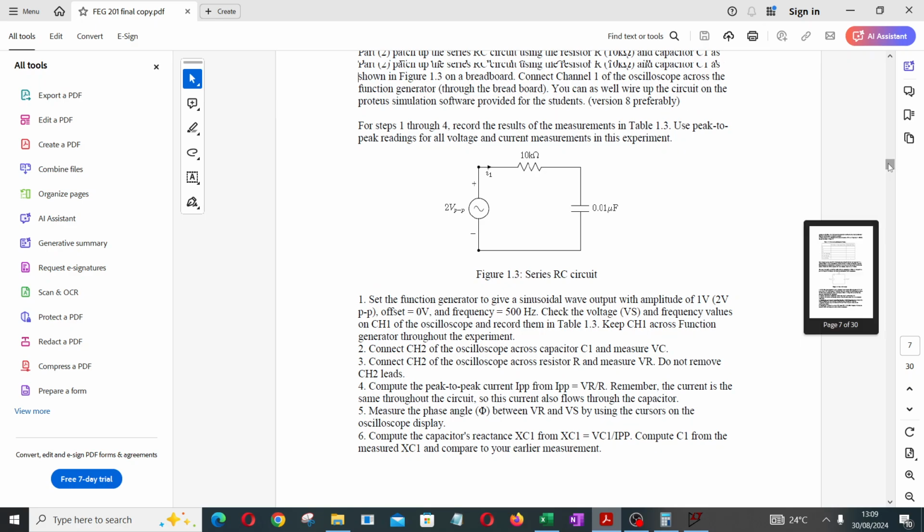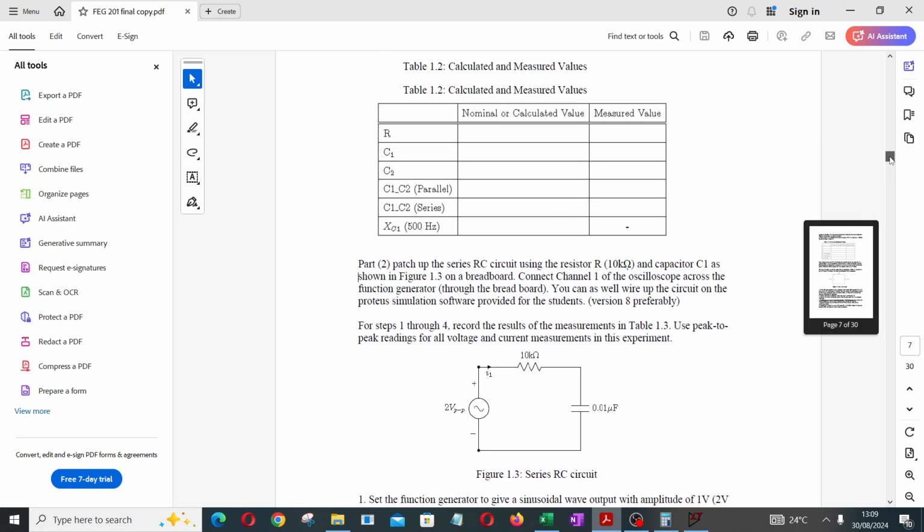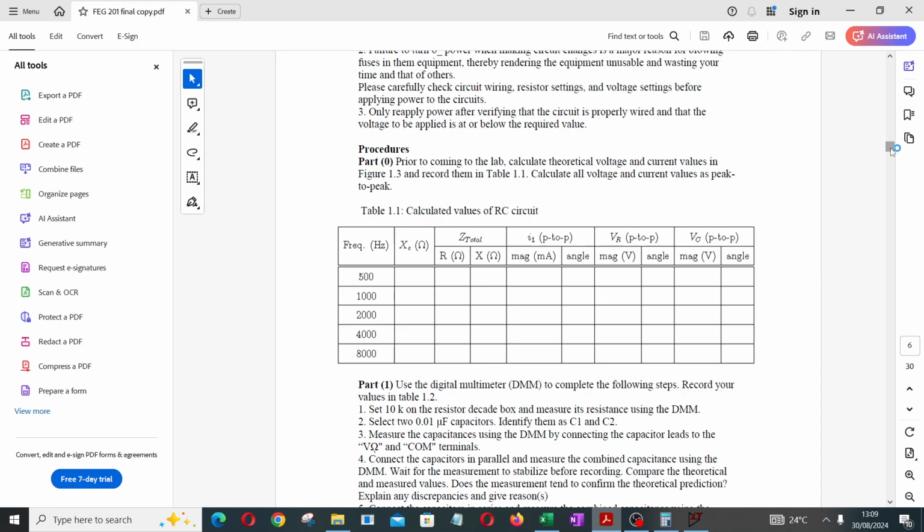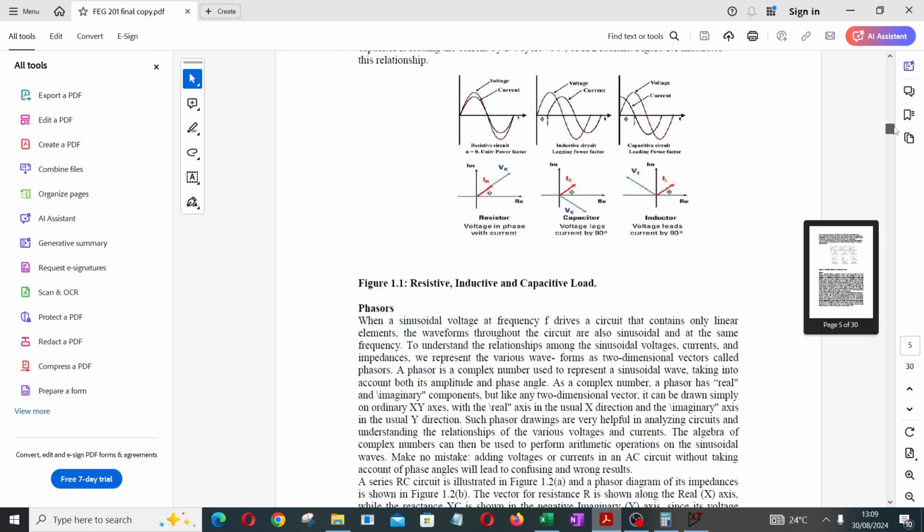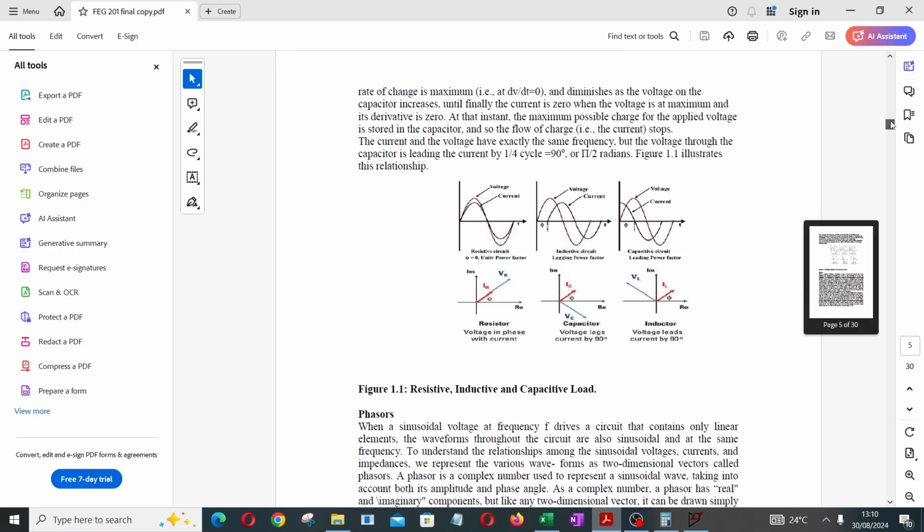So, in this short video, I want to quickly show how we can measure the frequency of an AC signal and also measure the phase angle. Like what we already know, when you have a purely resistive circuit, as you can see from this circuit diagram, this is a laboratory.